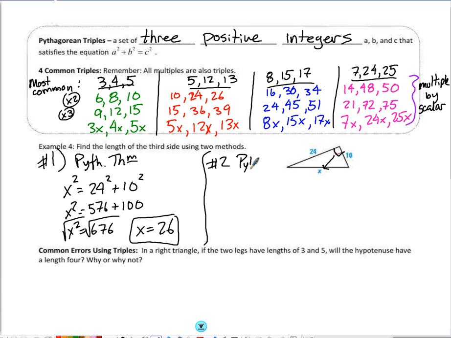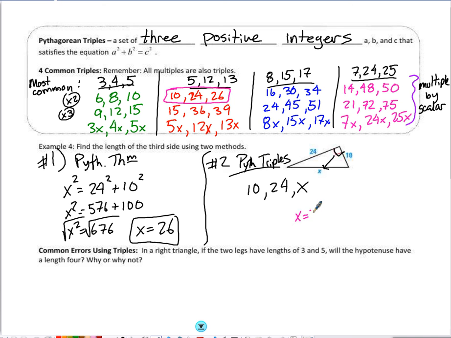The other method is with the Pythagorean triples. With Pythagorean triples, I can look at those side lengths. The smallest leg is 10, the next leg is 24, and the hypotenuse is always the largest side. So when I look at those 2 numbers, 10 and 24, I need to either remember my list and find where to look. So 10, 24 would have to go with x equals 26, but how would you know that without memorizing all of your triples?